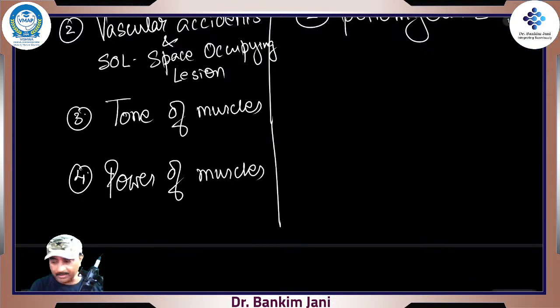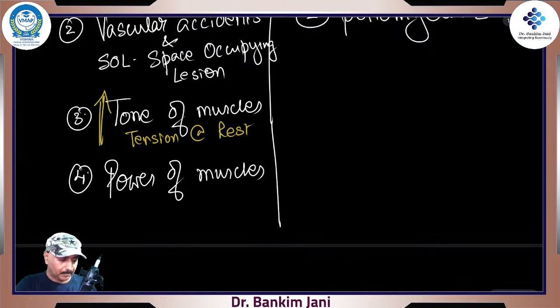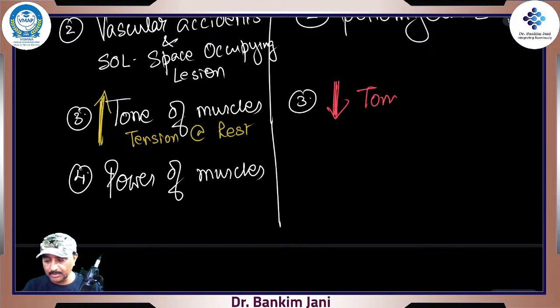This tone is increased in upper motor neuron, while in lower motor neuron lesion this tone is decreased.